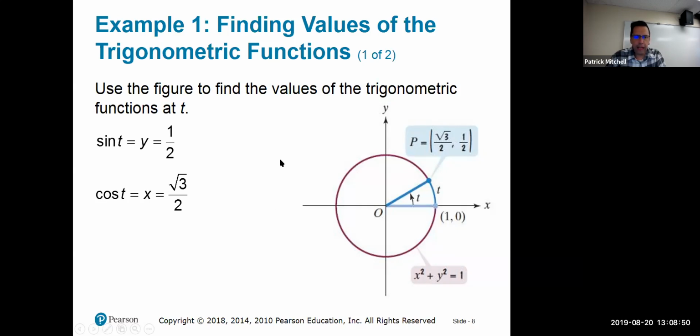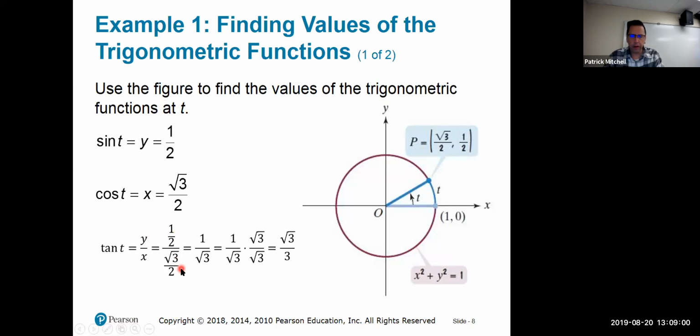The tangent of t is y divided by x. So I'm going to show a little bit of extra work there. Y divided by x is 1/2 divided by root 3 over 2. So the way that this turns into this is by, I guess the simplest way to say it, just multiply the top and the bottom of the big fraction by 2.